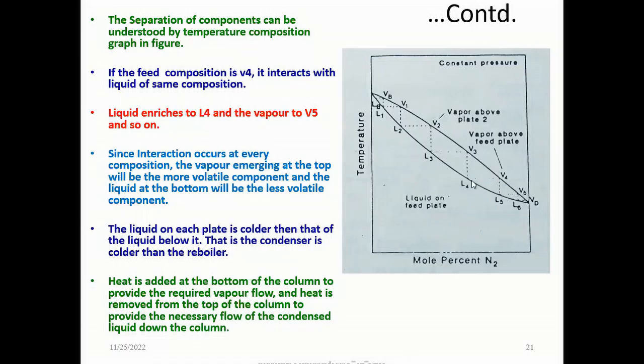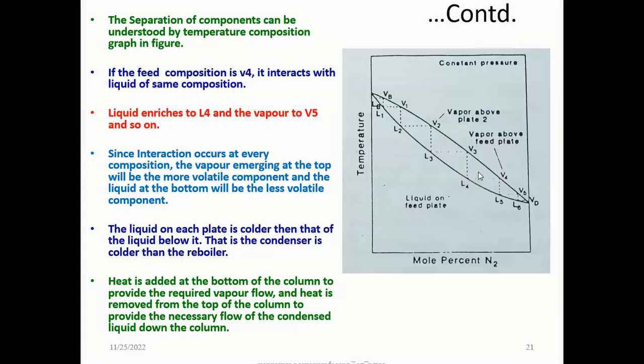This will try to interact with the vapor composition exactly at V3. When it interacts, the liquid will get enriched to L3. Again, it will interact with the vapor from the plate above at V2, and it will get enriched to L2 and so on.